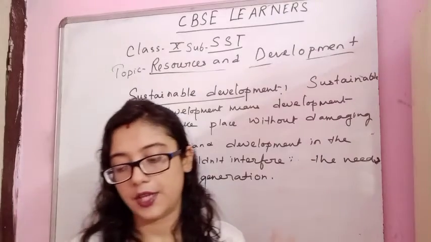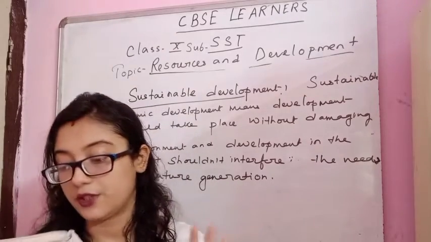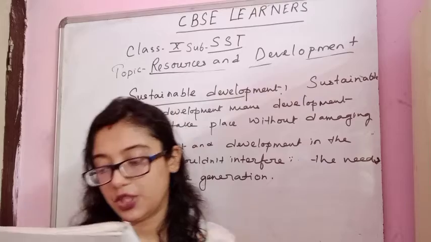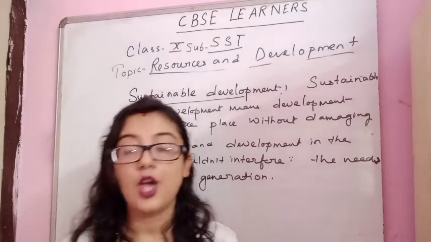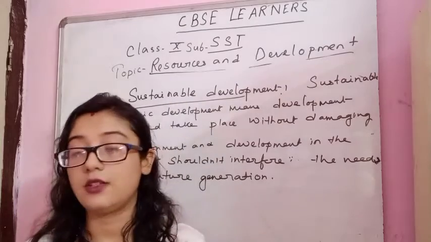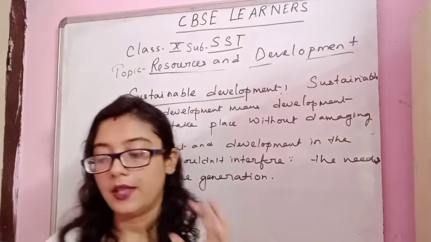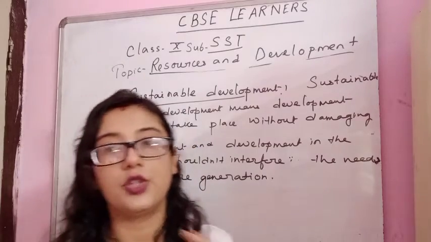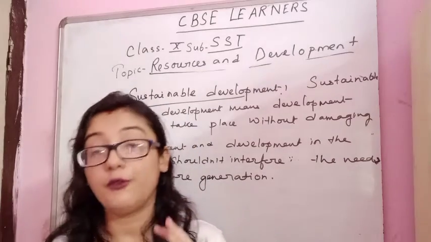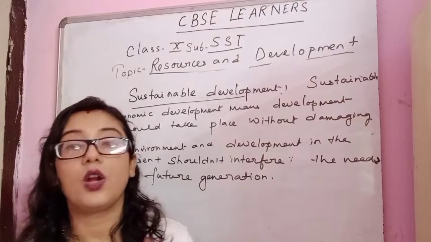In June 1992, more than 100 heads of states met in Rio de Janeiro in Brazil for the first International Earth Summit. So the place is Rio de Janeiro in Brazil. Now, what was their motive?